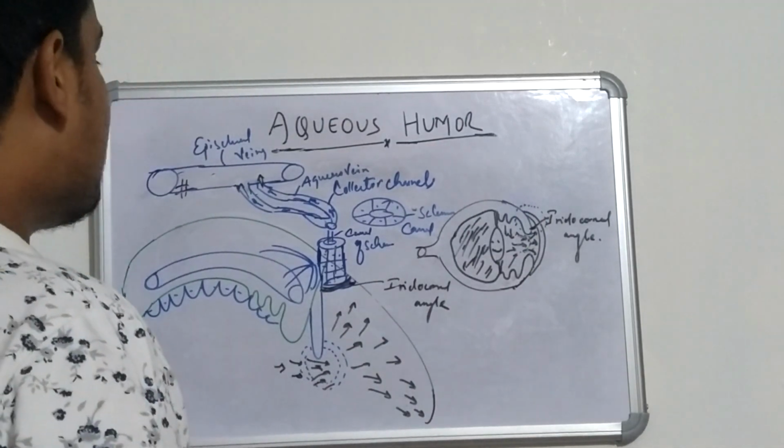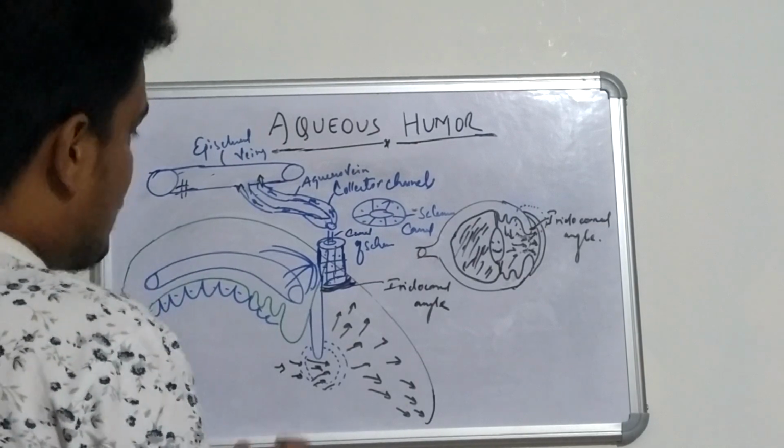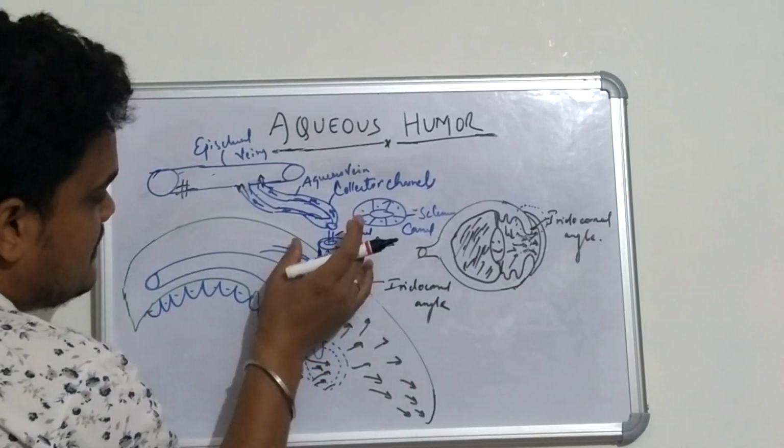Now, the very important thing to understand is the structure of the trabecular meshwork and the canal of Schlemm.